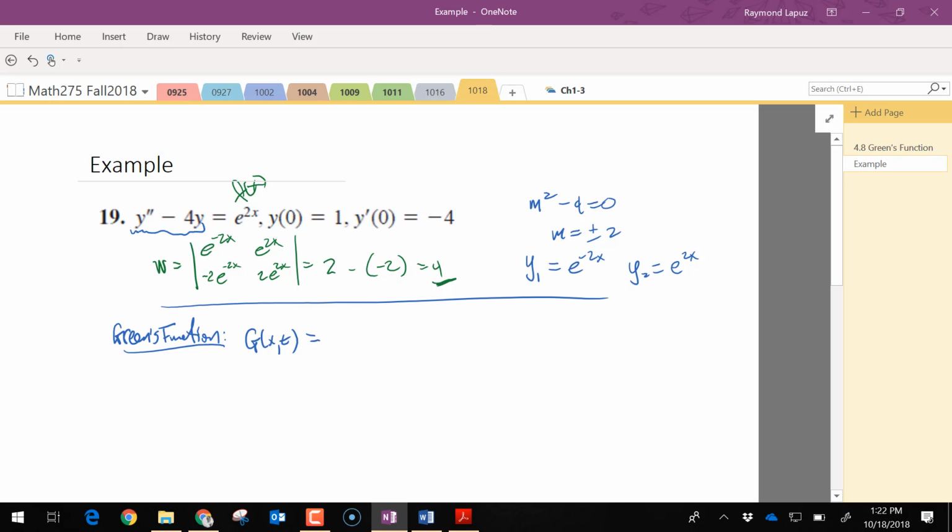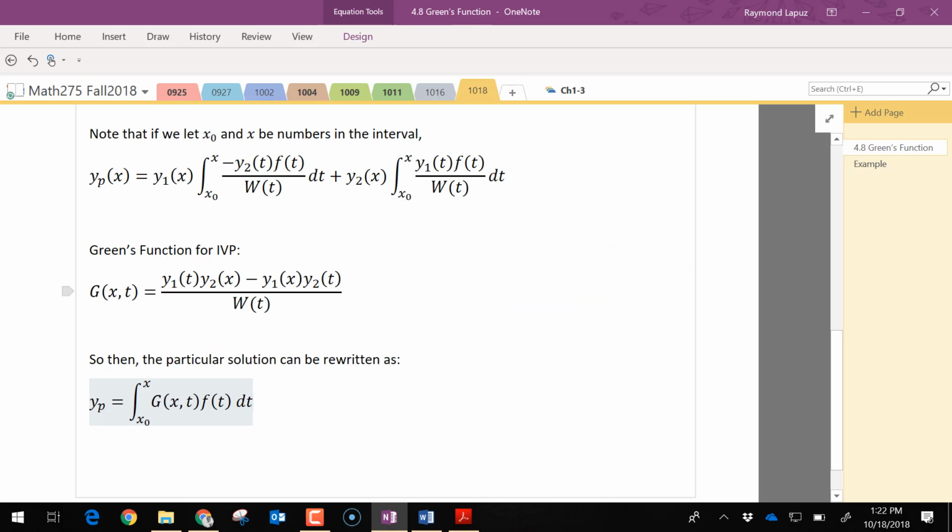You guys have it memorized already? It's something with a y1 and y2, right? All right, so if we look at it, it's y1 and y2, and the other one's y1 and y2.